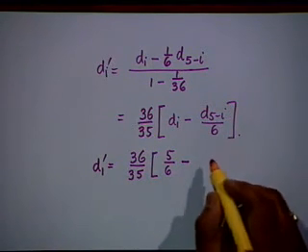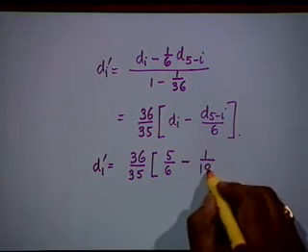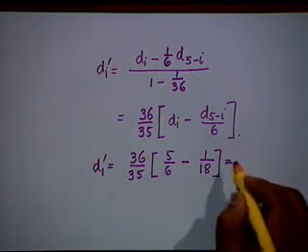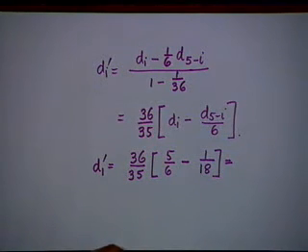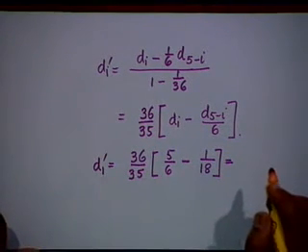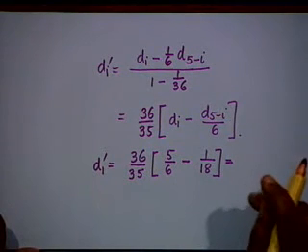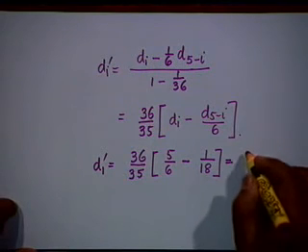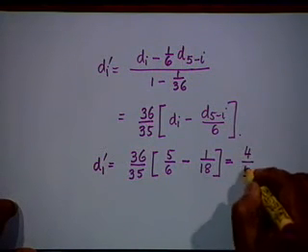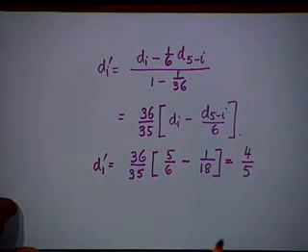What is d4? 1/3, so 1 by 18. Simplify it as such and put it in the form of a fraction. As long as possible, retain this in the form of a fraction. This simplifies to 4 by 5. My calculation, I do not guarantee, you must verify.